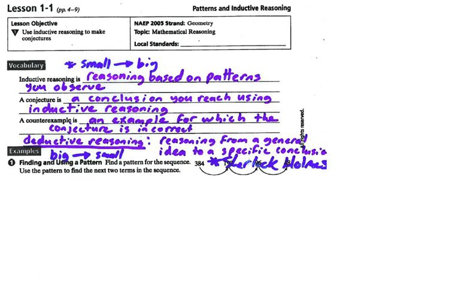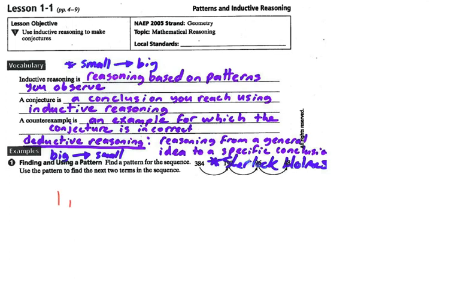We talked a little bit about this thing called inductive reasoning, and we defined that to be reasoning based on patterns you observe. Anytime you do inductive reasoning, you're usually going to get a list of numbers or some kind of picture. So let's say we end up with some numbers that we need to make an inductive reasoning conjecture on.